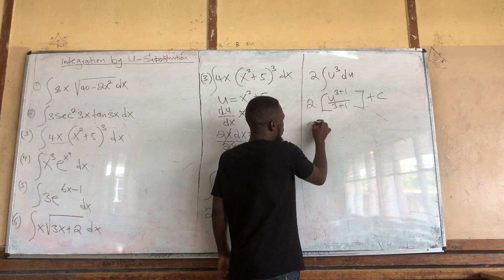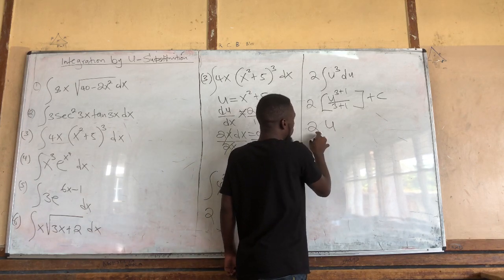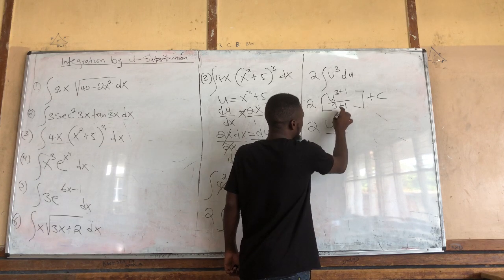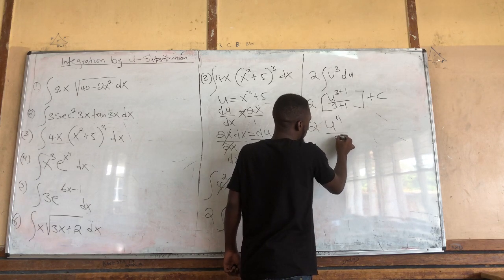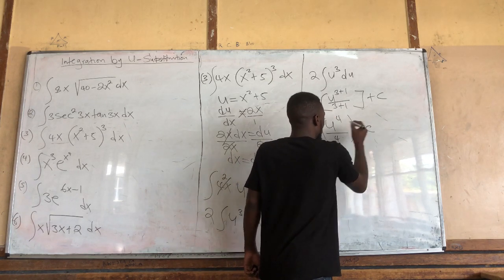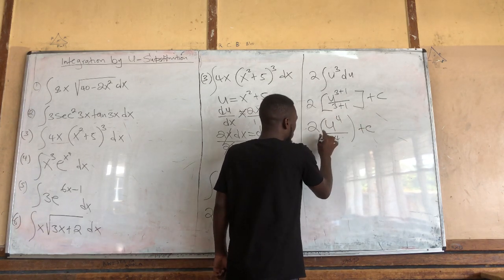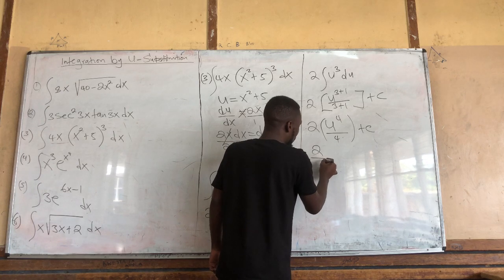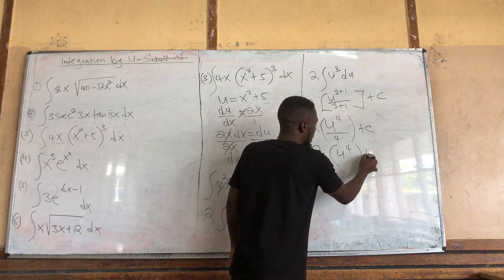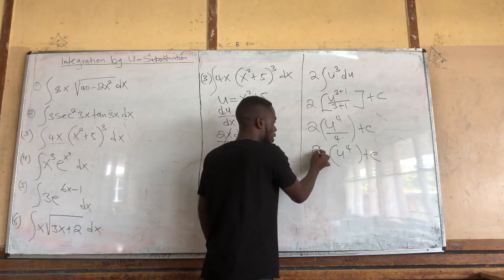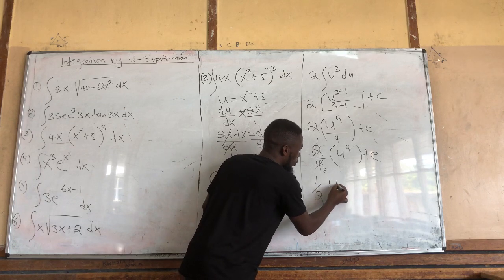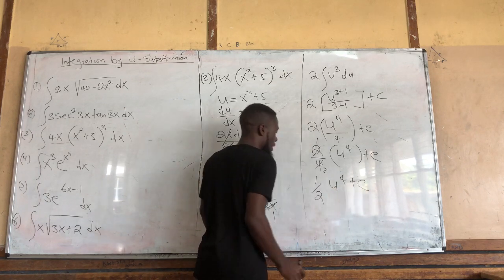And this will be 2 multiplied by u to the power 4 over 4 plus c. So this will be 2 over 4 u to the power 4 plus c. Here we can simplify: 1 here, 2 here. So it will be 1 over 2 u to the power 4 plus c.